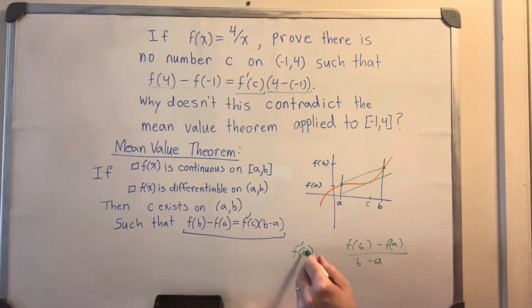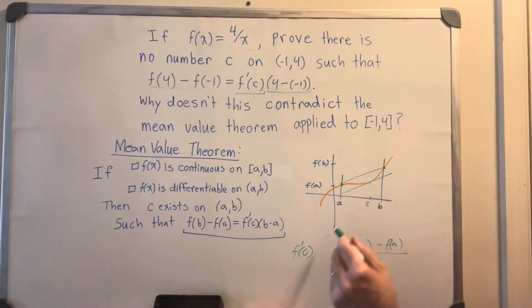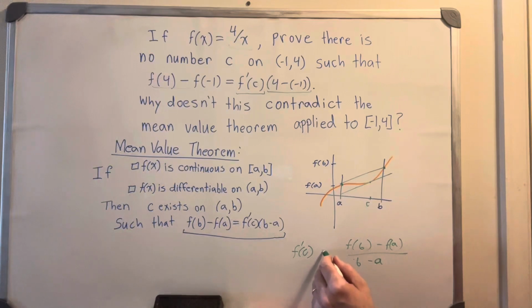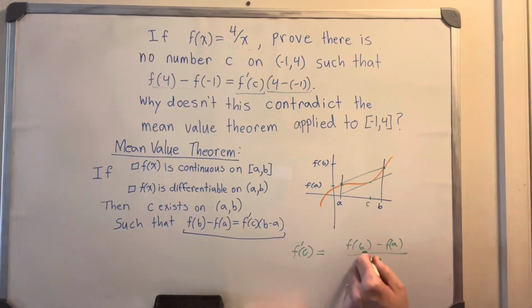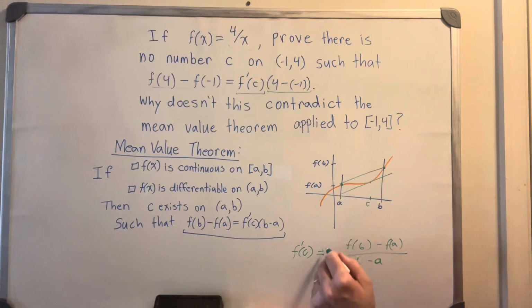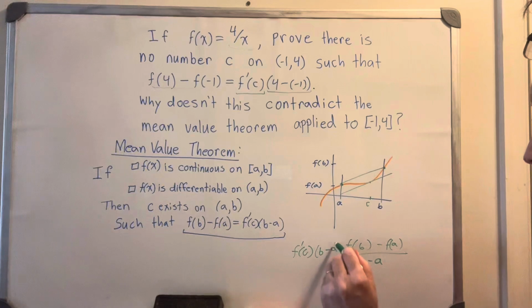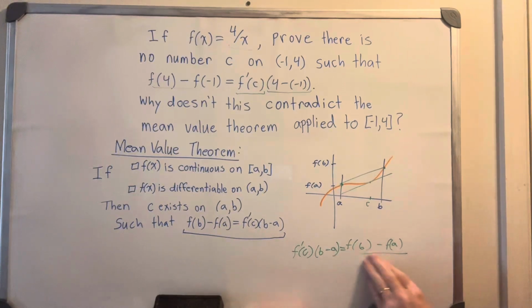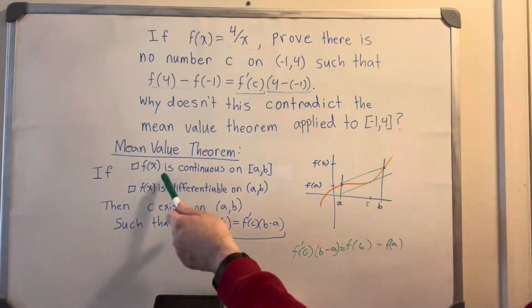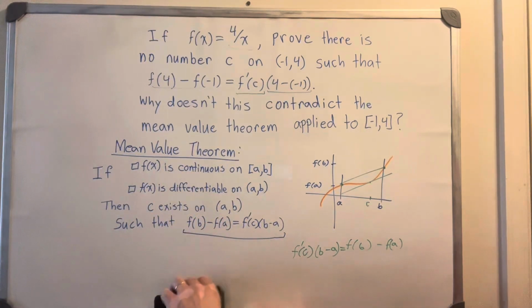If the value of the derivative at this point is the same slope as the secant line, that's what the mean value theorem is saying, but it has to be continuous and differentiable.